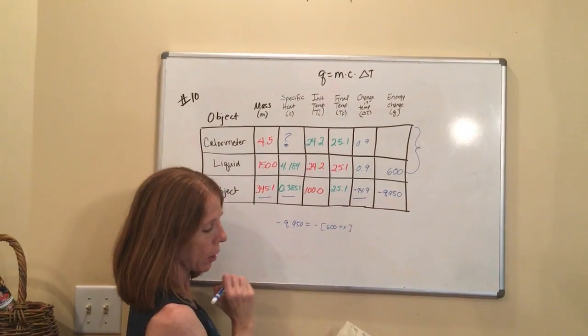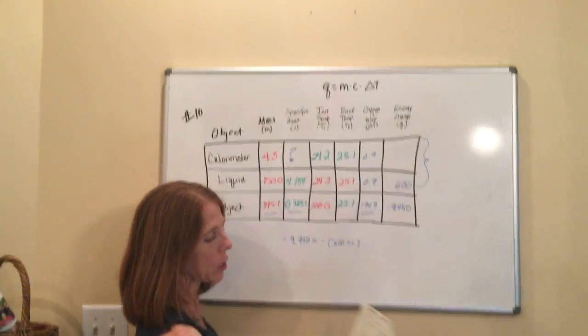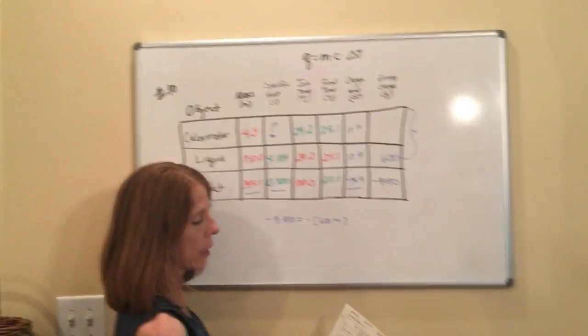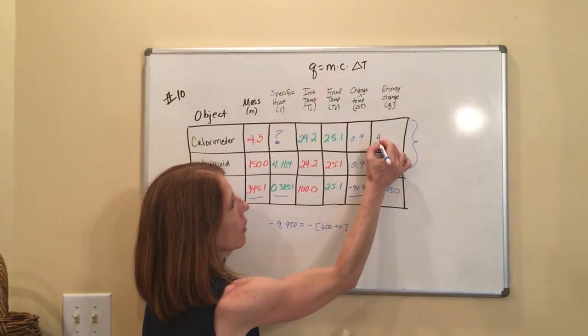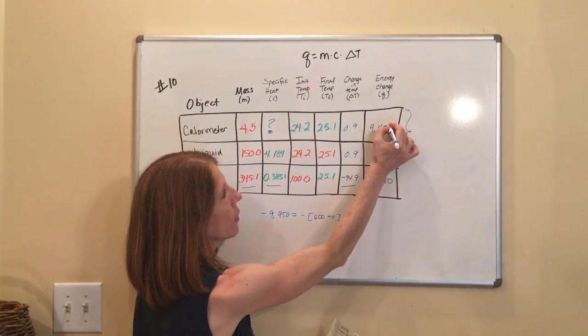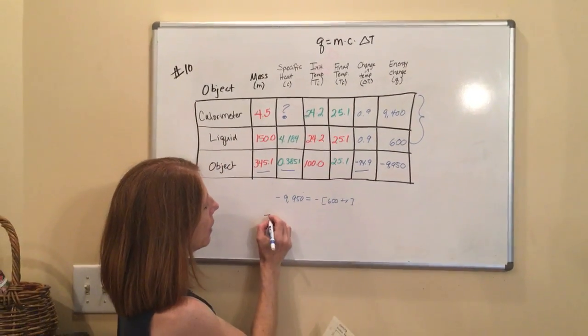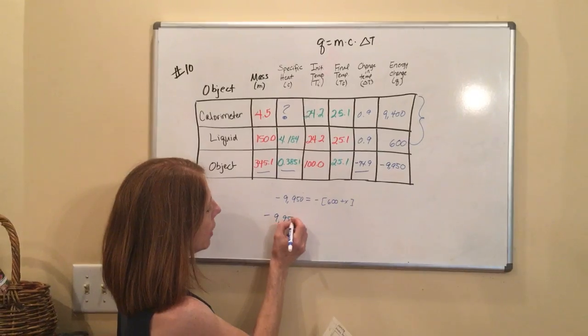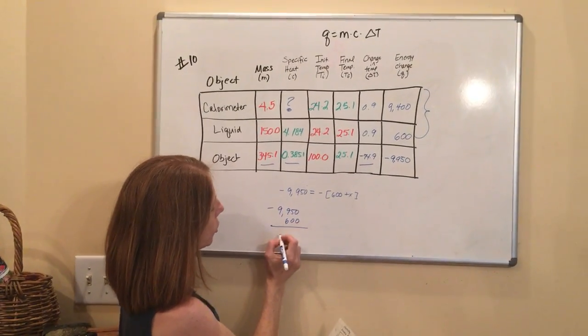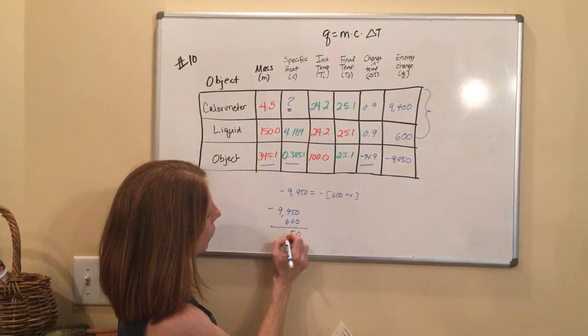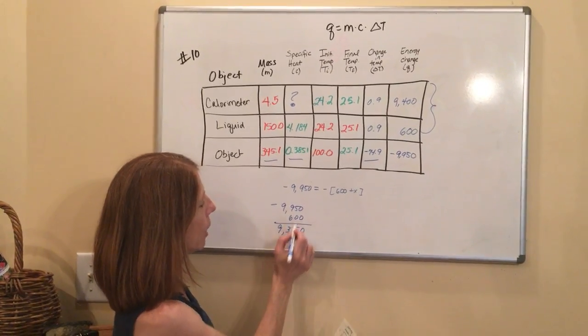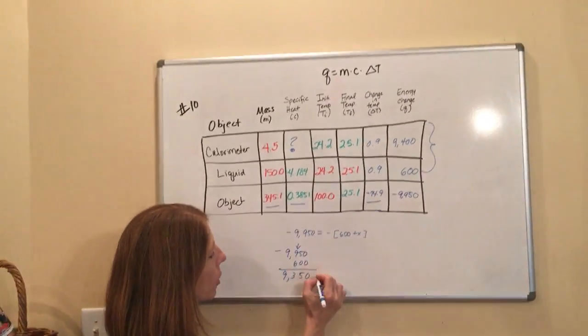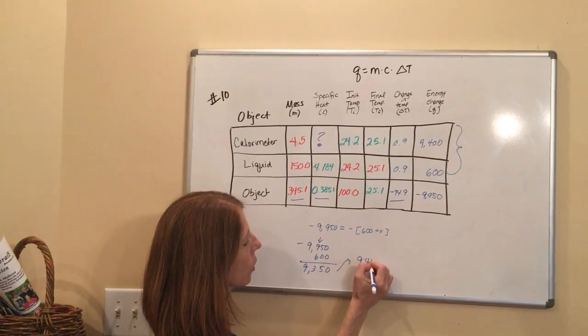Okay, we'll talk about it in greater detail, but when I solve for that, I'm going to get 9,400. Okay, and that's simply negative 9,950 plus 600, which gives me 9,350, but I only have significant figures to hundreds, so I'm going to round it to 9,400.